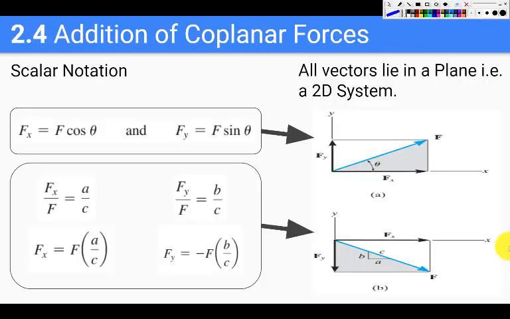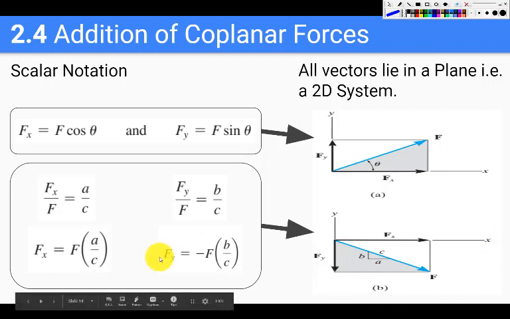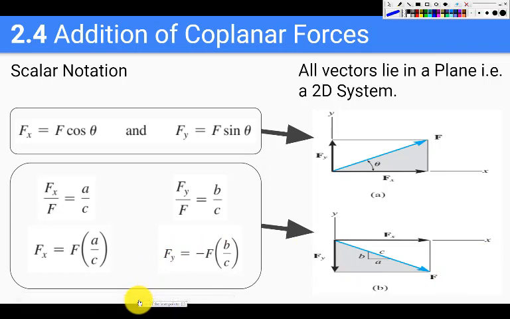So now we continue our discussion and we look at addition of coplanar vectors. Okay. So there are two things that you have to understand. Whenever we are talking about vectors, sometimes we represent vectors in scalar notation, and there are two very common notations that are used.